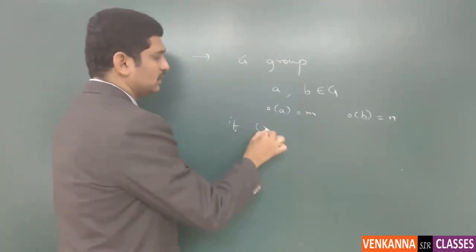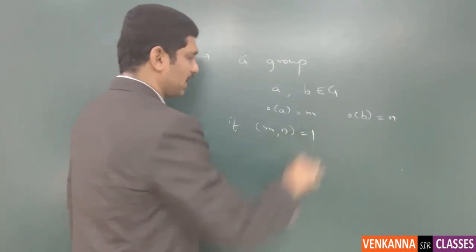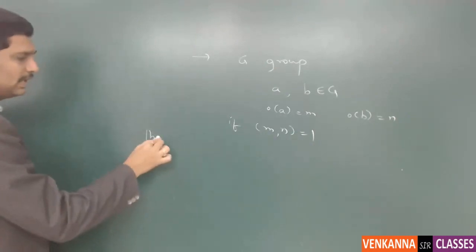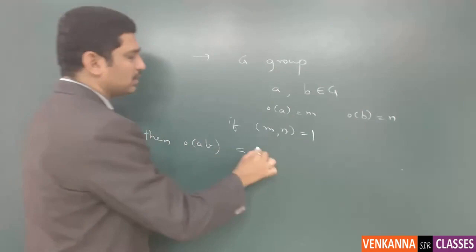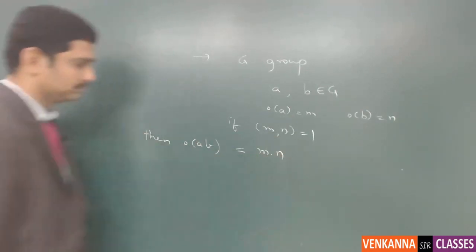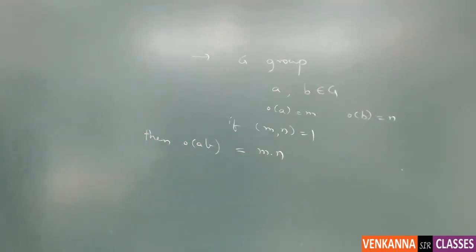If the orders are relatively prime, then the order of the product is equal to mn. This is the statement of the result.